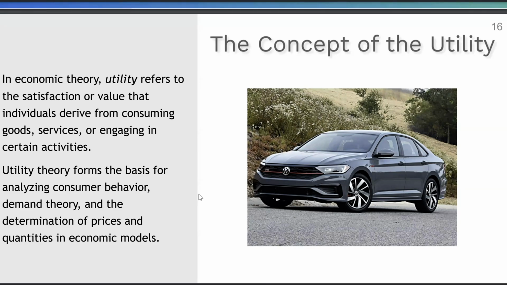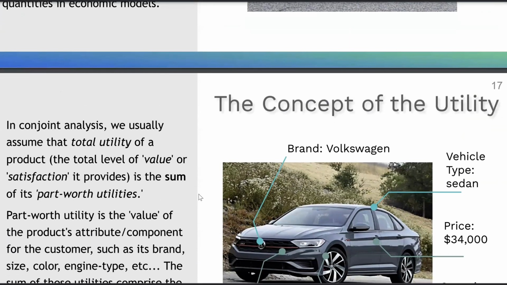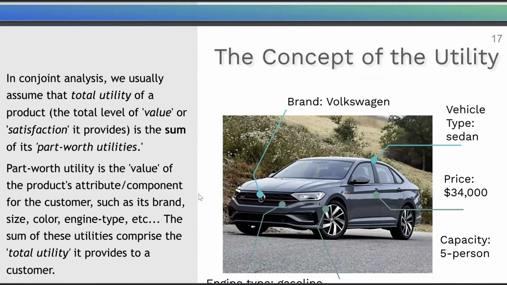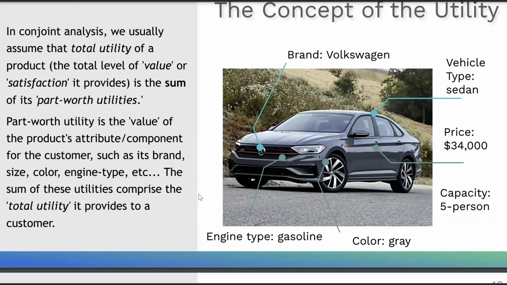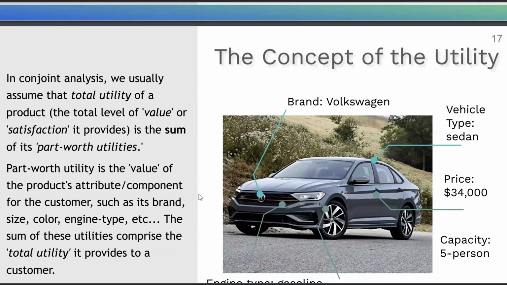Now, moving forward in conjoint analysis, we usually assume that the total utility of a product, or the total value or satisfaction that you get out of it, is the sum of its part worth utilities. There are ways that you can do it where it doesn't necessarily have to be the sum, but more often than not, in conjoint analysis, we assume that it is the sum of the various part utilities.